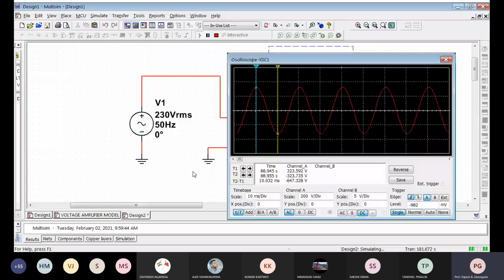So it's 325.27. This is approximately the same thing that you are getting here. You see? So the peak to peak value is what? Peak to peak value is different. This is only the peak value. What you got is only the peak value. Then what is peak to peak value?